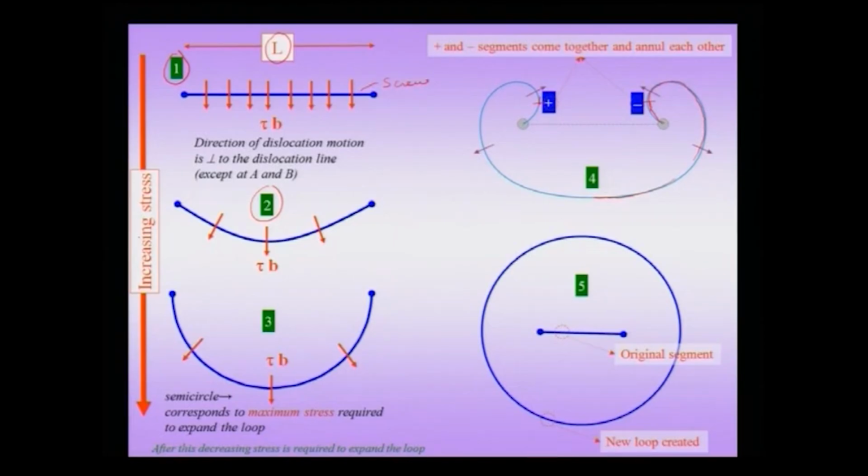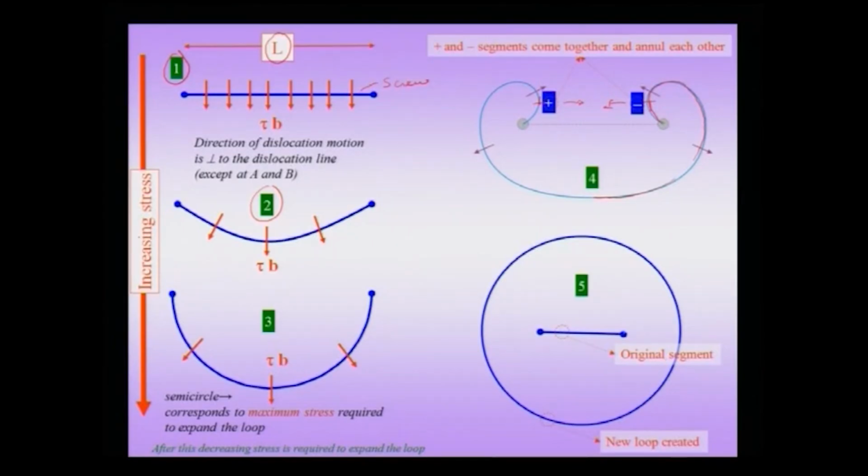As we know, positive and negative edge segments will attract each other, and therefore they will tend to come together as this loop expands further. In the end you will see that the positive and negative segments annul each other, and finally we are left with one circular loop and the original segment we started off with.